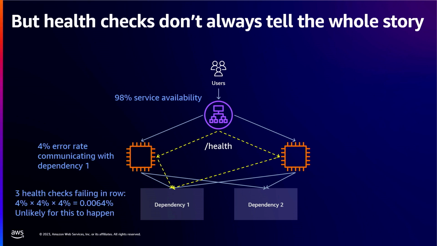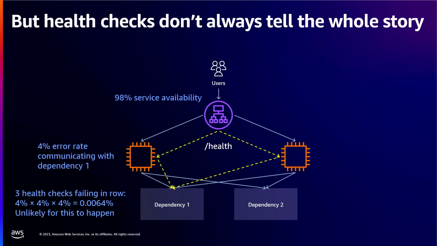In order for the health checks to fail from the load balancer, let's say I have it configured that I need 3 failed health checks in a row to consider this instance unhealthy. If only 4% of my requests are failing, it means that I have a 4% chance of each one of the health checks failing. And to get 3 in a row means I have a 0.0064% chance of actually catching this problem with a health check. So it's really unlikely that my ELB health checks would catch this type of problem.